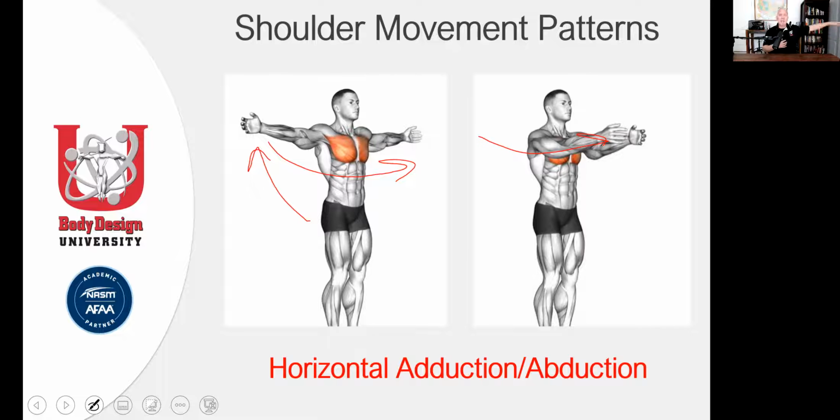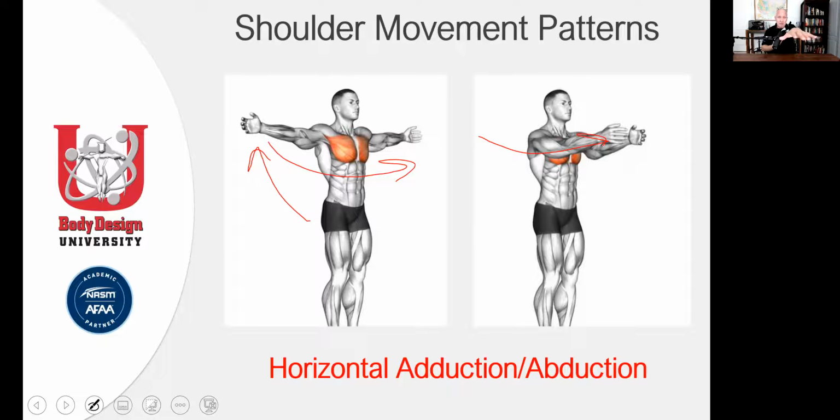So abduction, adduction. But now if I'm in an abducted position, any movement in the transverse plane, moving my arms to the front, moving them back, now adds this prefix word to it, so to speak: horizontal. So now my arms are horizontal, and my hand is still out here, away from my body, away from the midline.